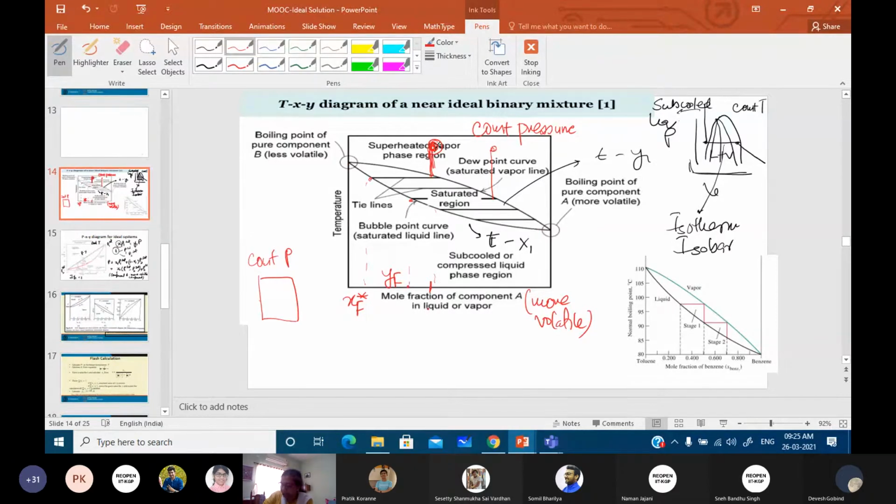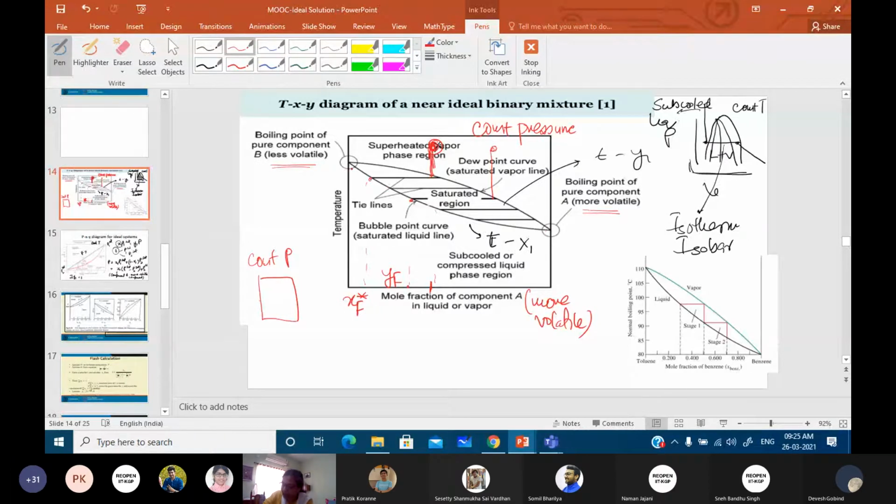At this side, your more volatile component is 0. So naturally, this corresponds to the boiling point of the less volatile component. And this side, the end point of the saturated vapor or saturated liquid region, corresponds to the boiling point of the more volatile component, right?